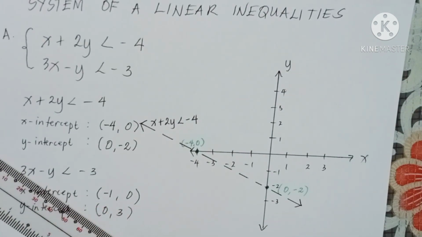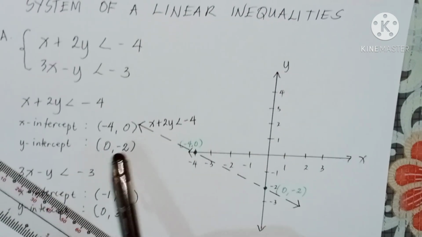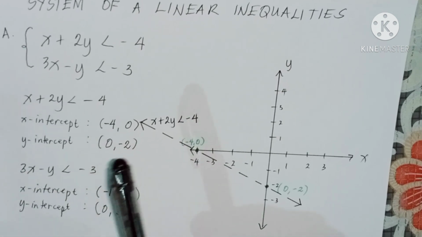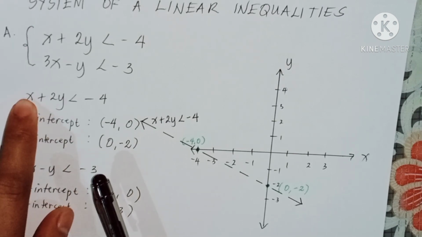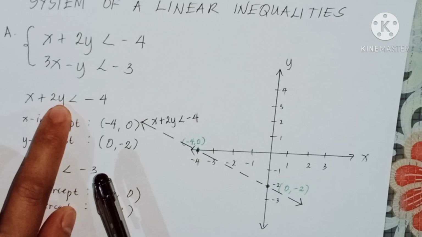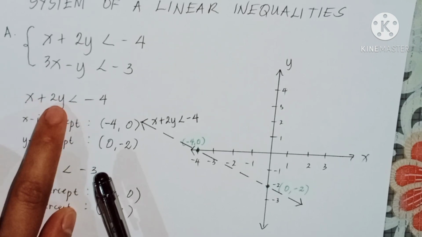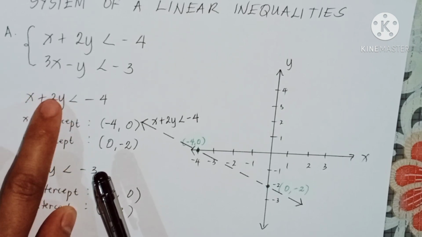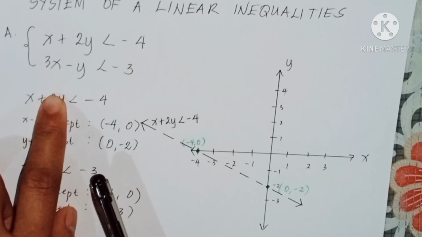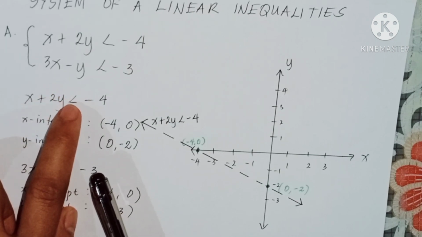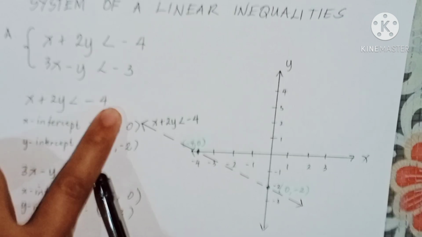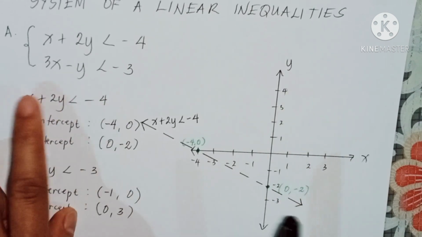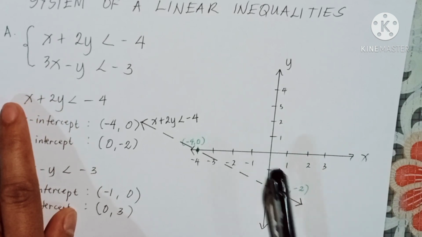Okay, so we're going to have a test point here. For the test point, we will use (0, 0). If x is 0 and y is also 0, this will give you 0. So 0 is less than -4. That is false. Again, the test point is (0, 0).